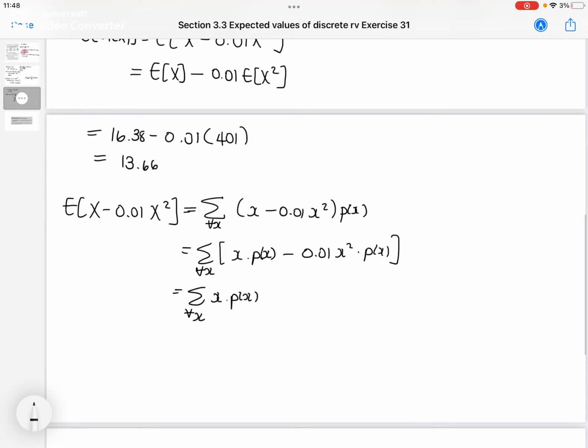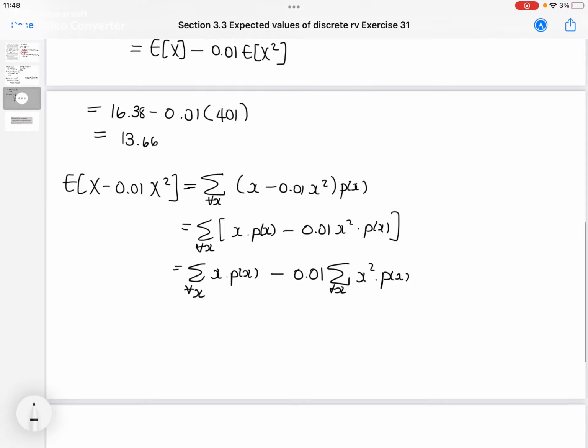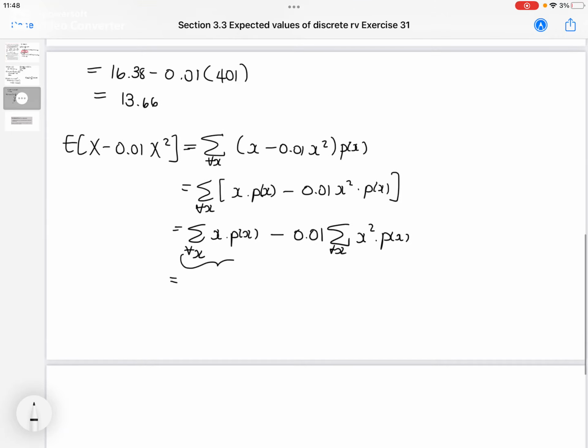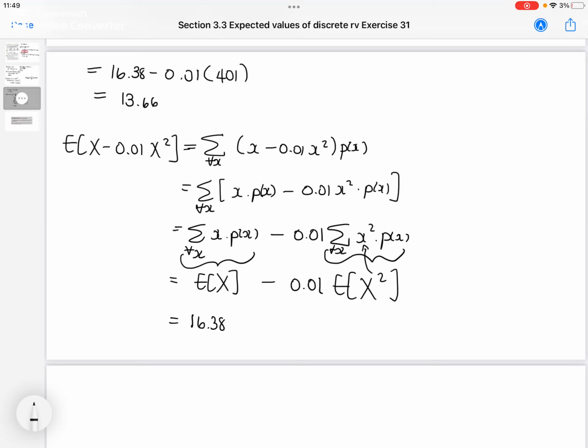That is equal to the sum of x times p(x) for all possible values of x minus 0.01. If you have a constant, you can put it right in front of your summation sign. x squared times p(x) for all possible values of x. This, by definition, is equal to the expected value of X minus 0.01 times the expected value of X squared.